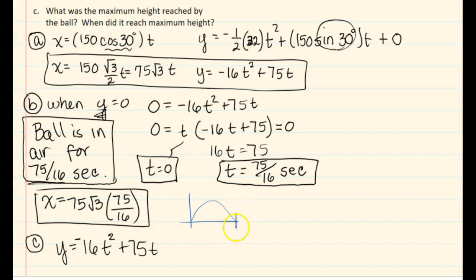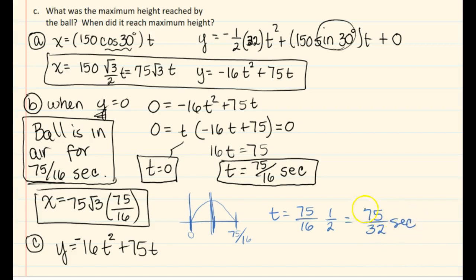We do know when it finished, and we do know when it started. So what we can determine is that the maximum height occurred right in the middle. So if that's true, we can say t is equal to 75 over 16, and we're just going to get half of that, and that's going to give me 75 over 32.